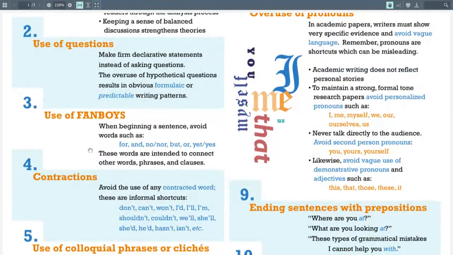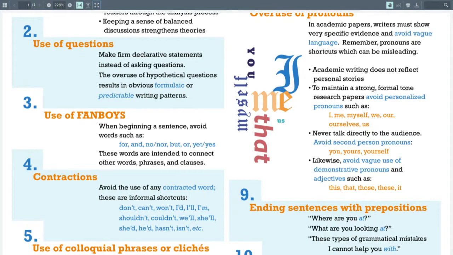Likewise, avoid what are called fanboys. These are words that typically are used for joining two sentences together. You don't want to open a sentence with a fanboy. Usually a fanboy is used to combine two sentences together, such as and, but, okay, however.